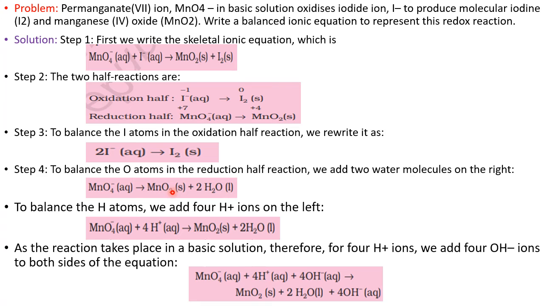Please see the medium in which it is taking place. Don't confuse. So it is a basic medium. So accordingly, I have to add 2 OH minus ions on the side where there is a shortage of O. Shortage of O is on which side? Here it is 2 and on the other side 4. So I have to add 2 OH minus here.